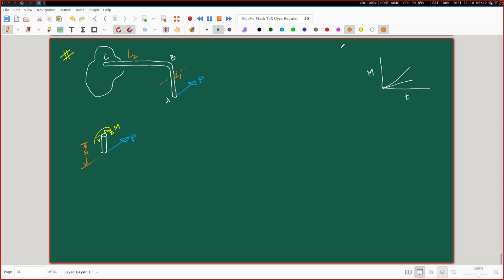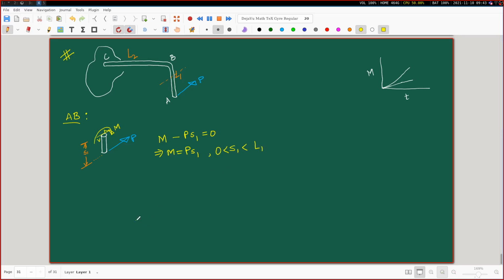Now you tell me the expression for M quickly. So M minus PS1 is equal to 0. So M is equal to PS1. This is for the part AB. And just to make things absolutely clear, you write S1 is lying between 0 and L1.